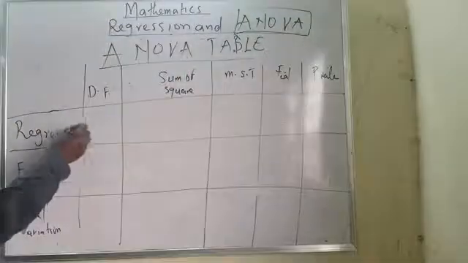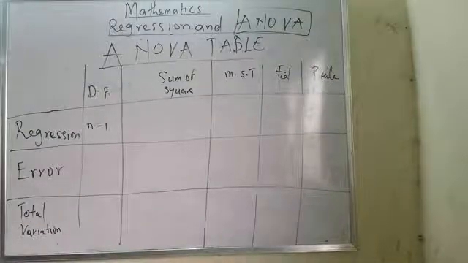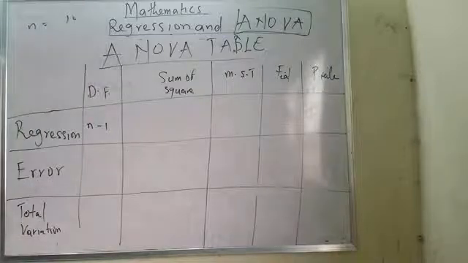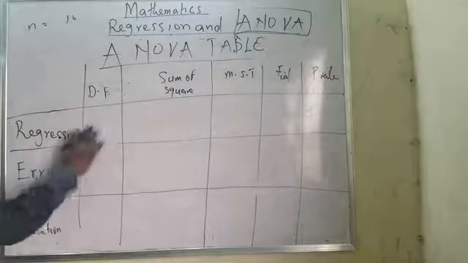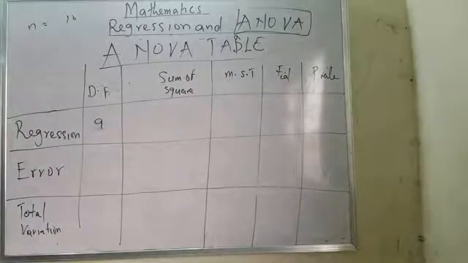That is my degree of freedom. It means that if your number is 10, for instance, here will be 9. That is my degree of freedom.